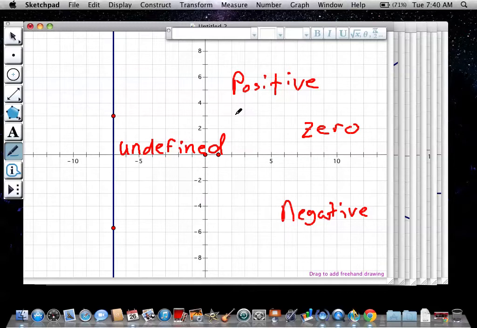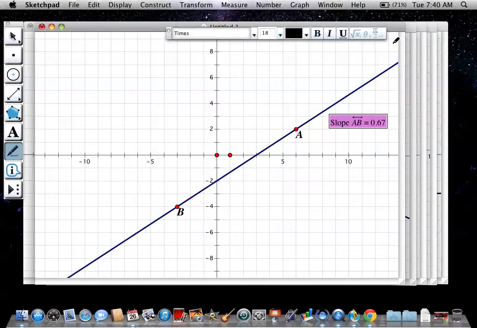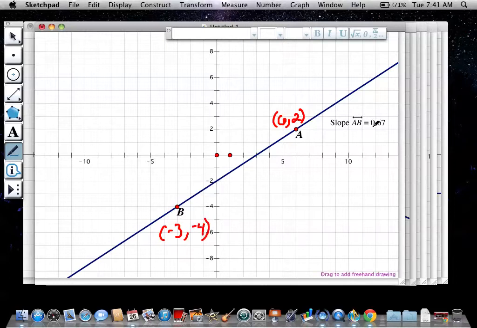Now, how do I calculate slope? We calculate slope by using the points. So I have A here, and A is at point (6, 2), and point B here is at point (-3, -4). Now, the slope here says AB is 0.67.